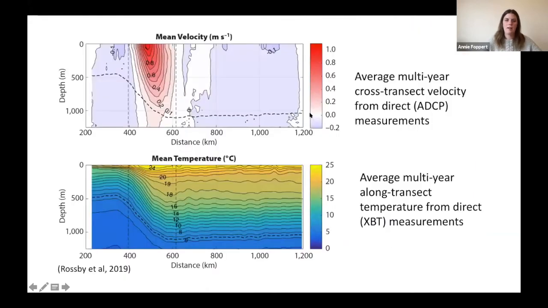If you look at an average over a couple of years, you see this temperature gradient in the horizontal, and that's associated with this strong jet. So this would be a temperature front or a density front, right between 400 and 600 kilometers, and you see the velocity is strong in that region as well.